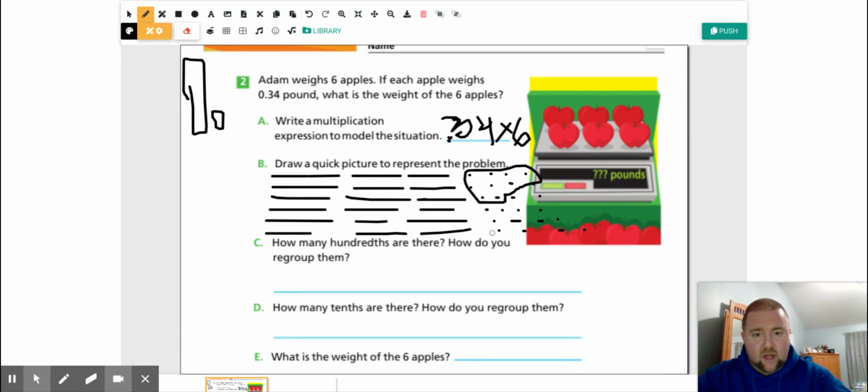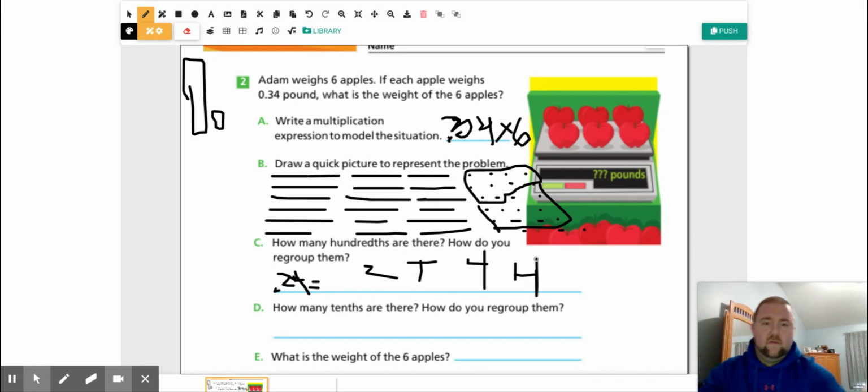So then when I do that again, 4, 8, and 2 more here, that gives me 2 more tenths. So we have 24 hundredths, which is the same as saying 2 tenths and 4 hundredths.